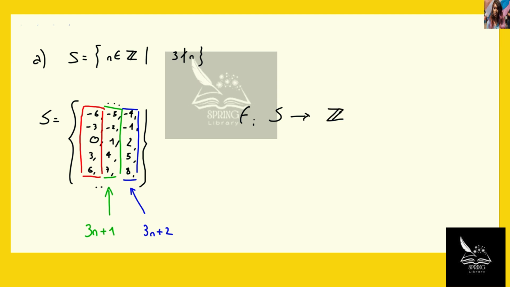So let's explicitly write the function f that goes from S to Z plus, where now 3n plus 1, the green column, gets split into 2 subcases, and we have 4n if n is greater or equal than 1. Otherwise, 4 minus n plus 1 if n is lower or equal than 0.